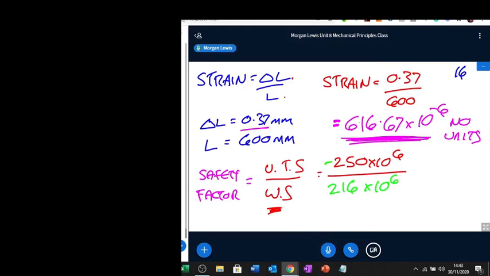Here's your chance, Lucas. What's the safety factor? If it's above 1, everything's good. If it's below 1, we've just crashed into the sea at Neyland. 250 divided by 216.